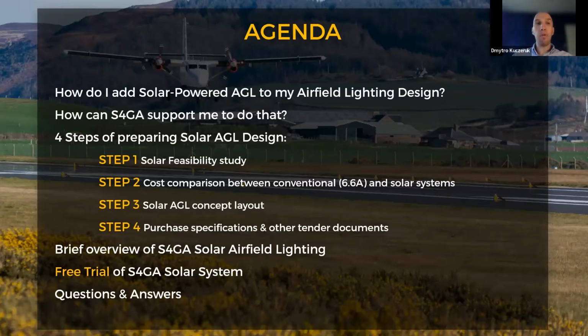We are going to cover 4 steps of preparing solar airfield lighting design. Step 1, solar feasibility study. Step 2 is a cost comparison between conventional and solar systems. Step 3 is a solar AGL concept layout. And step 4 is purchase specifications and other related documents.